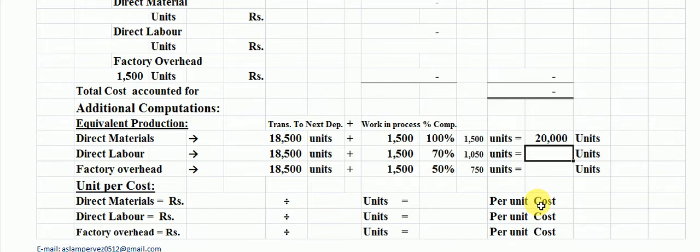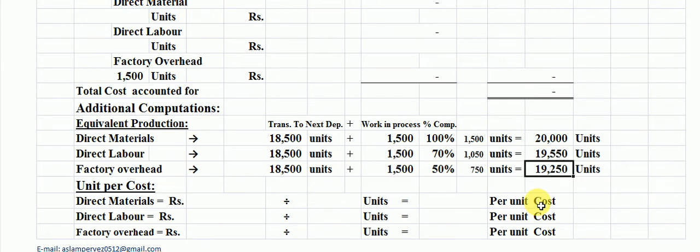This is the 20,000 units as direct material equivalent production, and we copy it here again. These are the equivalent production about direct labor and factory overhead.